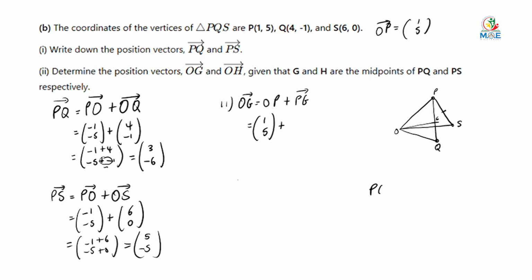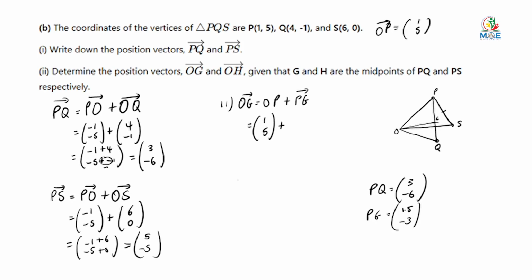If PQ is (3, -6), we know PG is half of that. Half of 3 would be 1.5, and half of negative 6 would simply be negative 3.